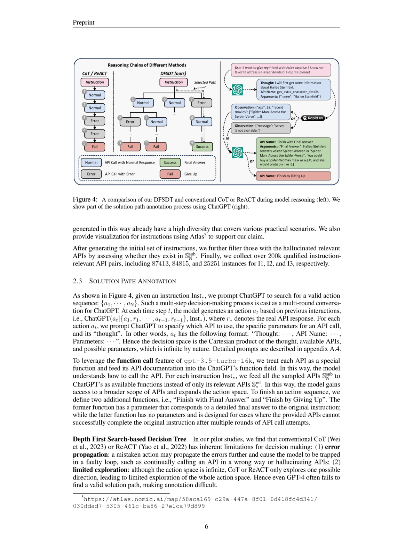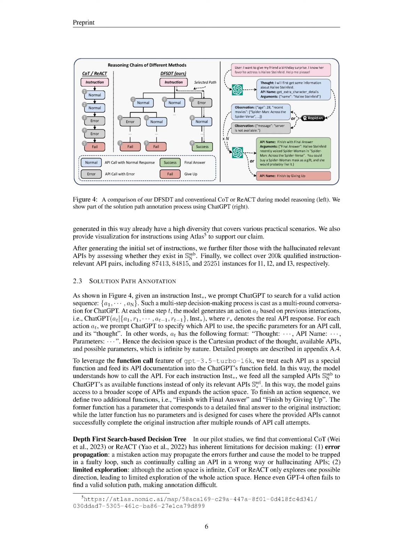In the solution path annotation, we prompt ChatGPT to search for a valid action sequence based on previous interactions. We treat each API as a special function and feed its documentation to ChatGPT. We also define functions to finish an action sequence with a final answer or by giving up when APIs cannot complete the instruction.